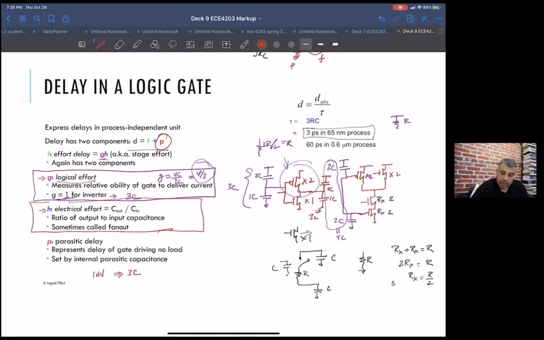Then if you look at this NAND gate, each of these PMOS has a 2C, 2C, and then this NMOS has its own 2C. So this is 6C on the drain. So NAND 2 is 6C. So P is just that ratio: 6C over 3C, or 2.